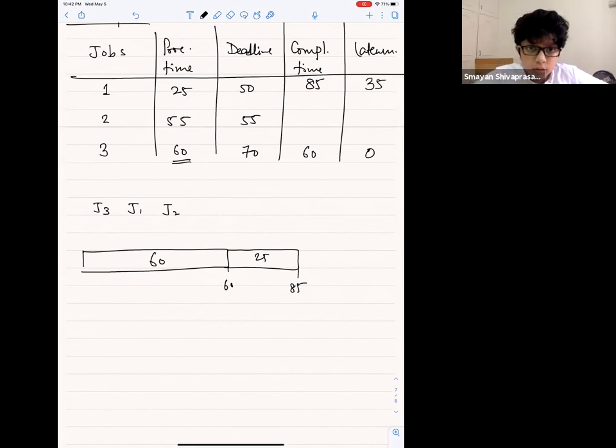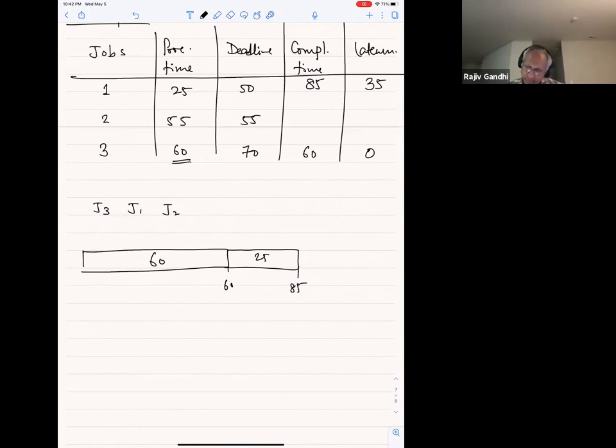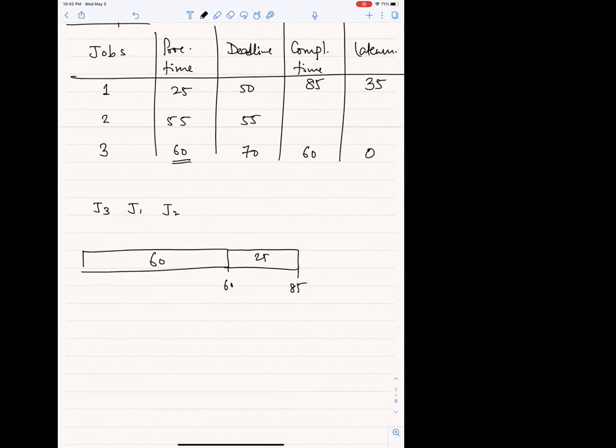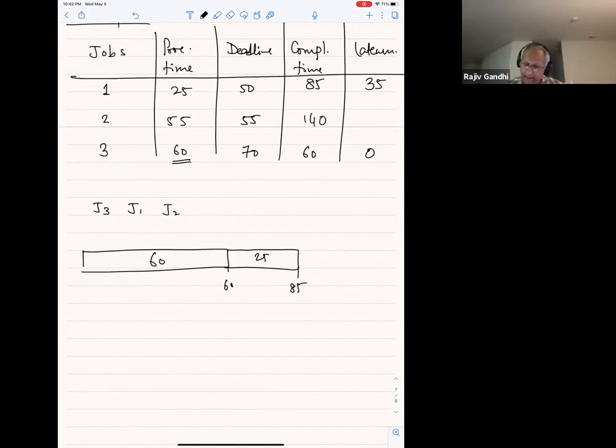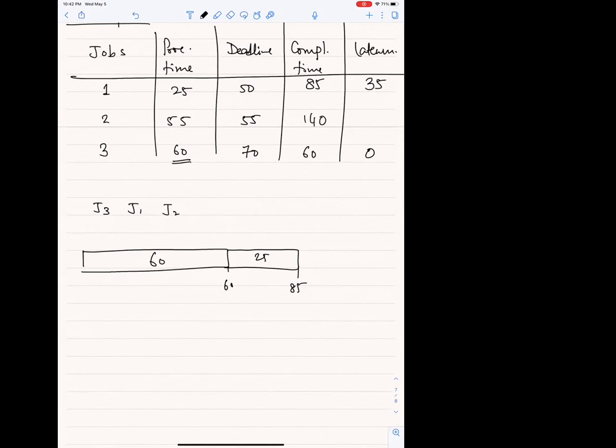Now, what is the completion time of job 2? The completion time of job 2 is 140. What is its lateness? It will be 85.